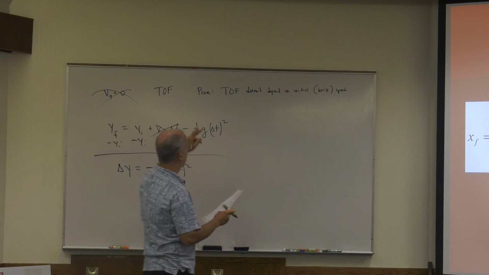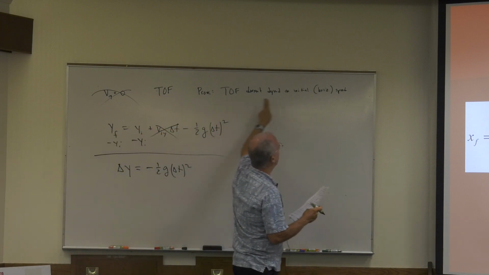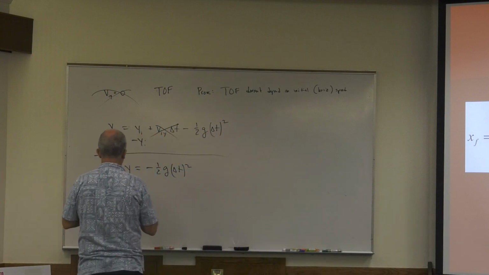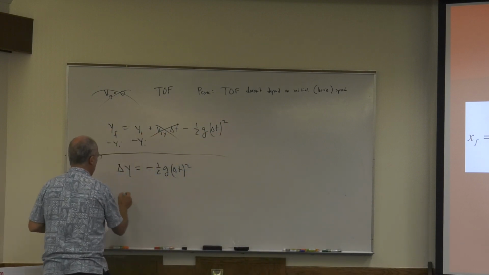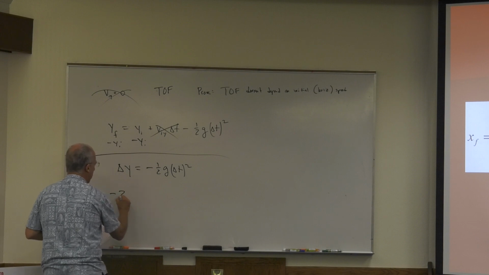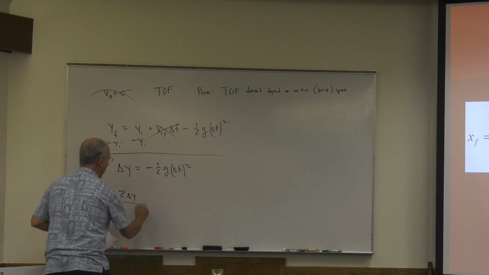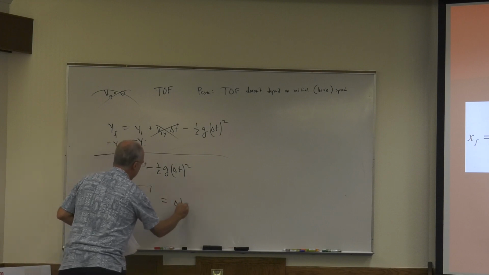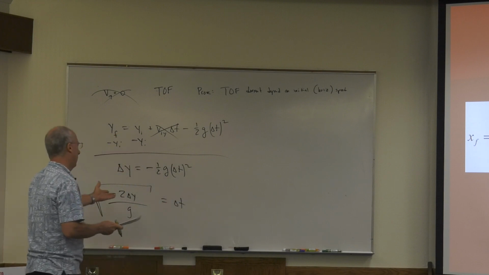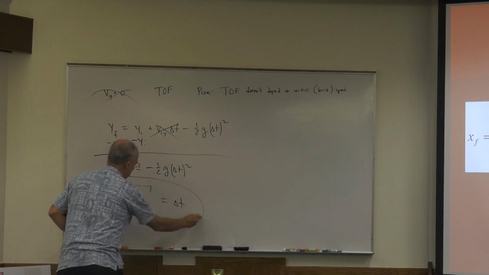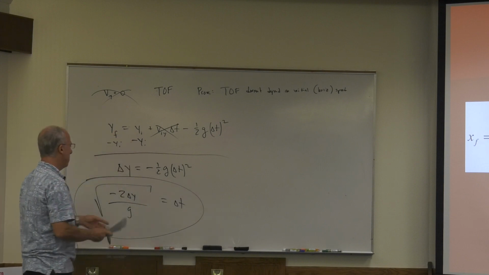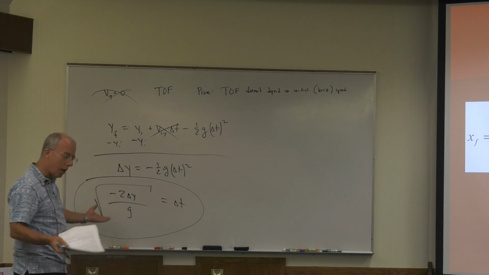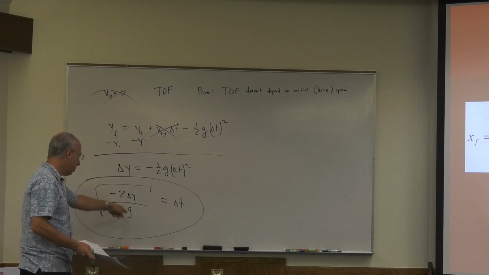We're trying to prove that the time doesn't depend on the horizontal speed. So let's just solve for delta t. We have the square root of minus 2 delta y over g, and that equals delta t. So look at that. Does the time depend on the initial speed? No, it does not. How do you know? Because there's no initial speed in this equation.